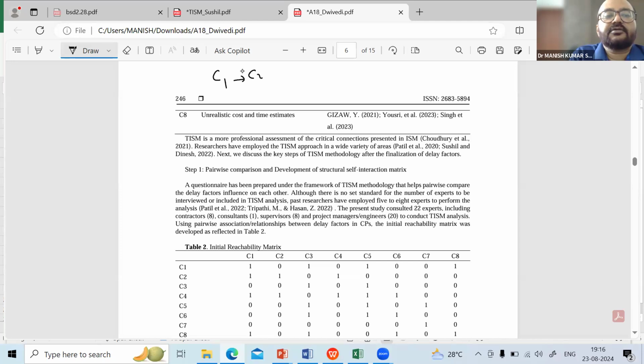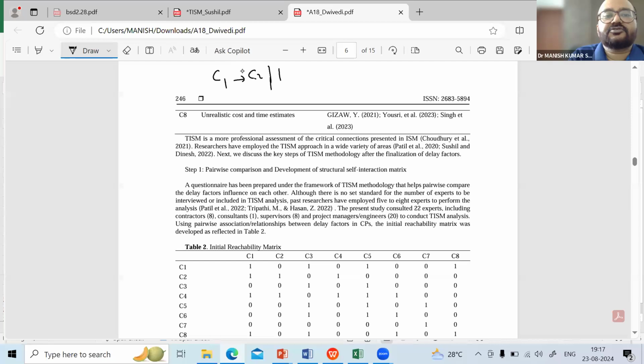You have to find out whether C1 influences C2 or not. Ultimately, as I told you, if you have asked 14 or 15 people, do more than 50% say that yes, it is impacting? So you summarize all the responses of question number 1.